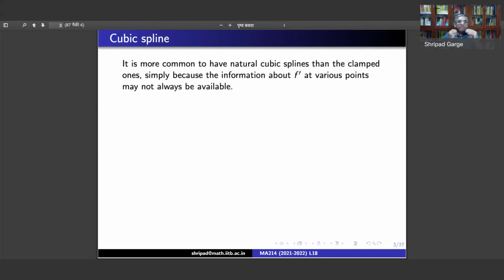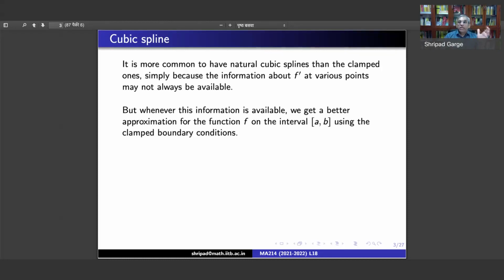What we would have is some nodes, and information about the function at those nodes, but we may not always have the information about the derivatives. But whenever this information is available, we will use it and get clamped cubic splines because those will give us a better approximation for the function f on the interval AB that we are working with.